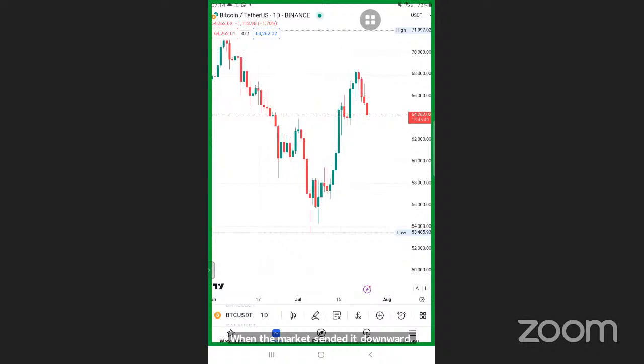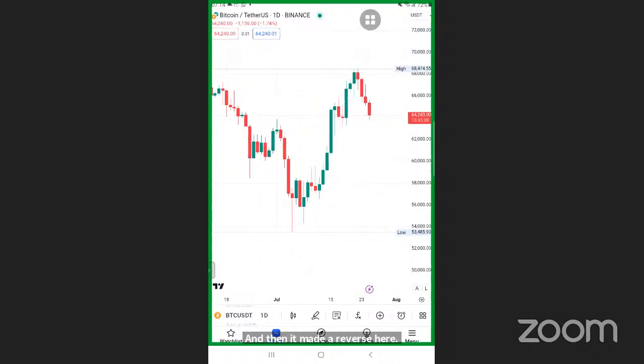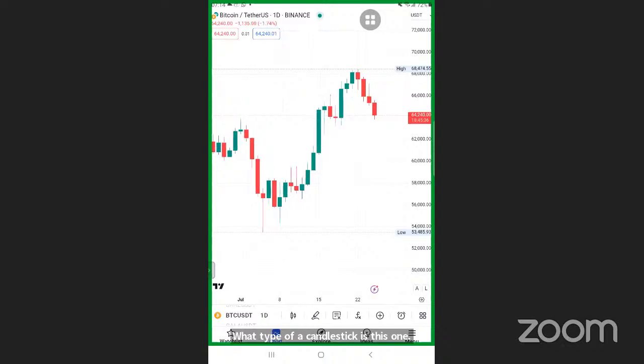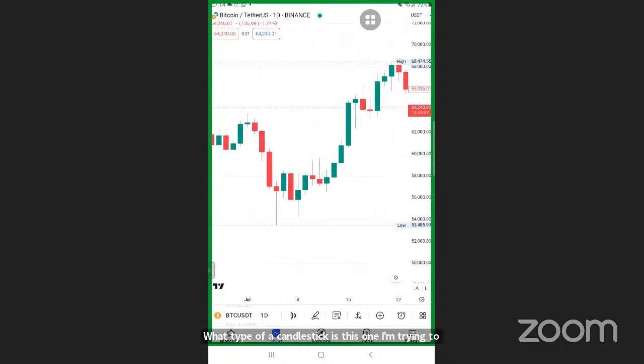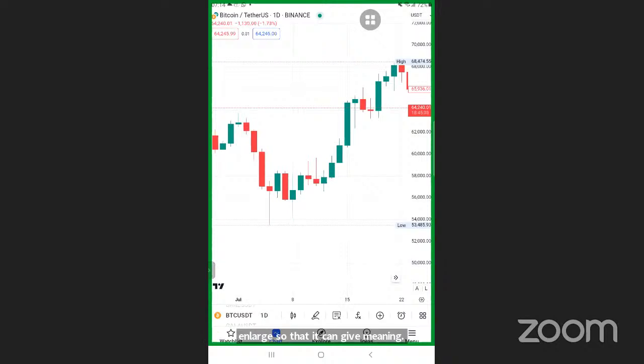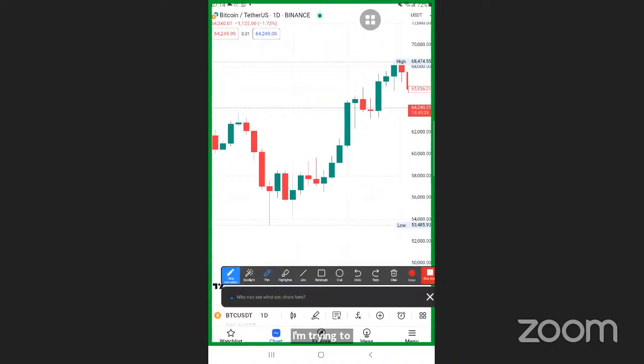What type of candlestick is this one? I'm trying to enlarge it so that it can give meaning. Yes, what type of candle is this one? Give me the name of this candle.